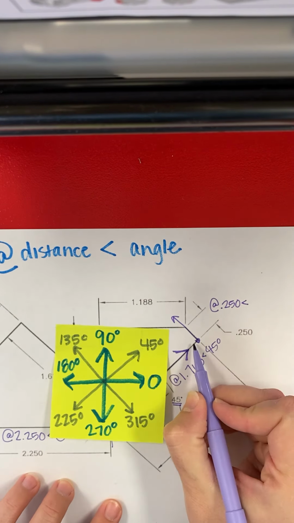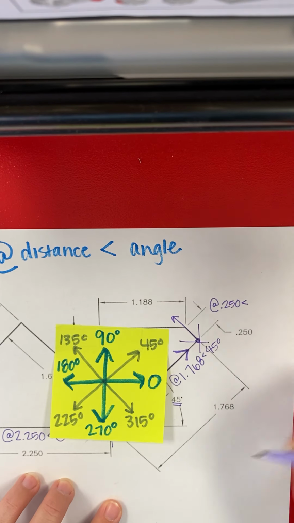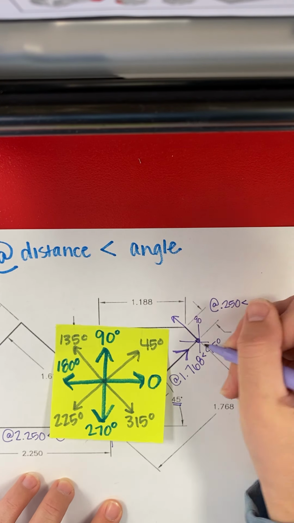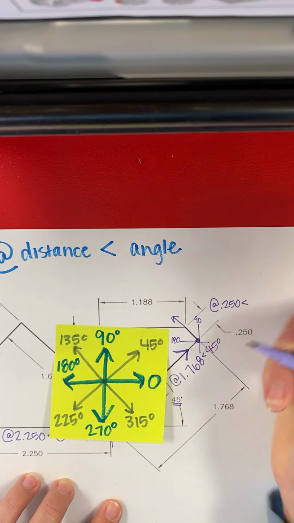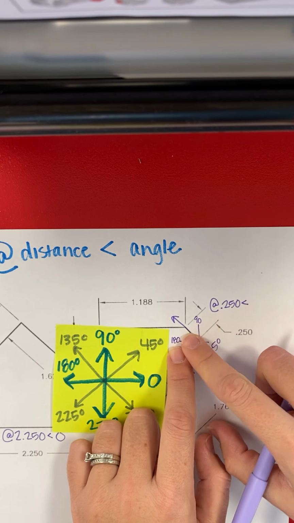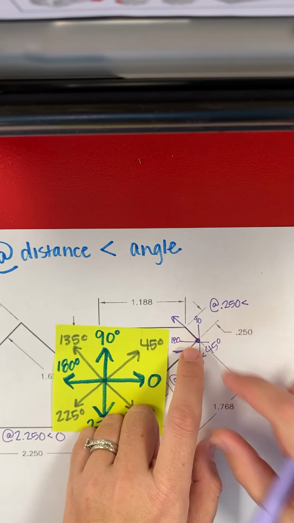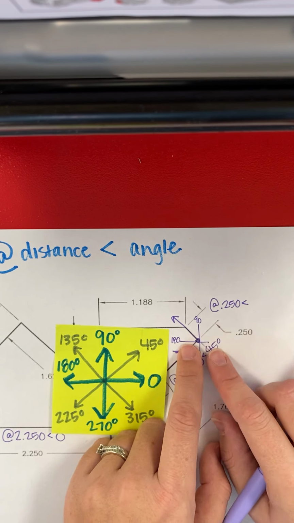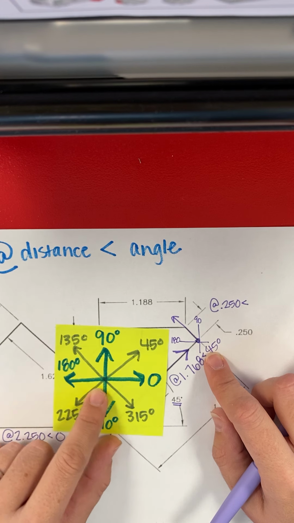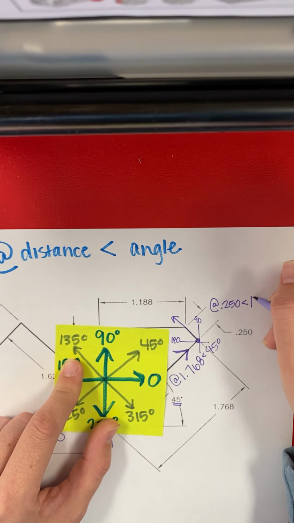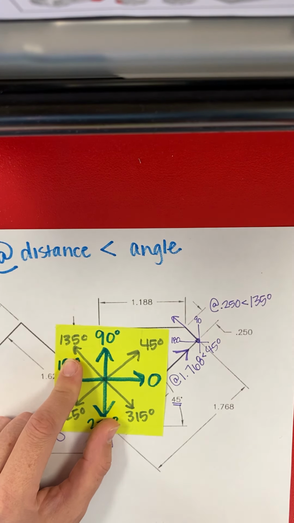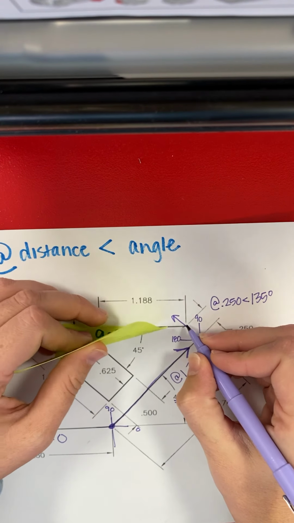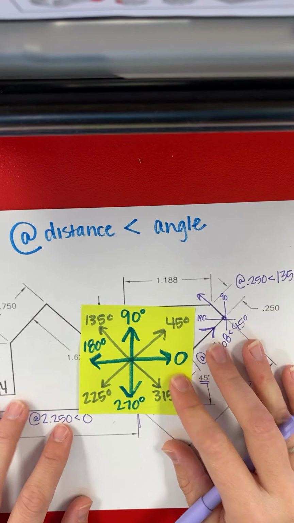Now again, if you're comparing it to our grid, straight up would be 90, to the left would be 180. It's 45 degrees off of that, so the number I type in has to be between 90 and 180. Since it's going up to the left, that's going to be 135. Then you would continue until you made it all the way around.